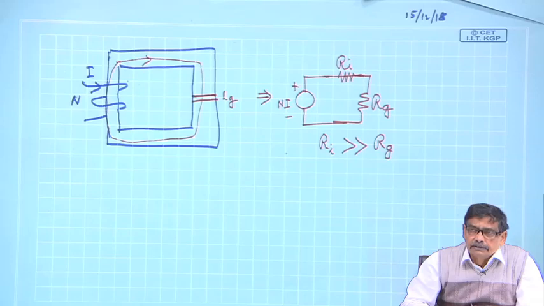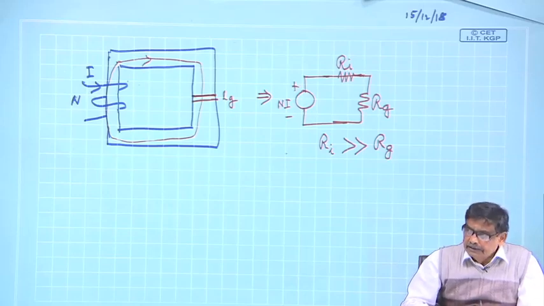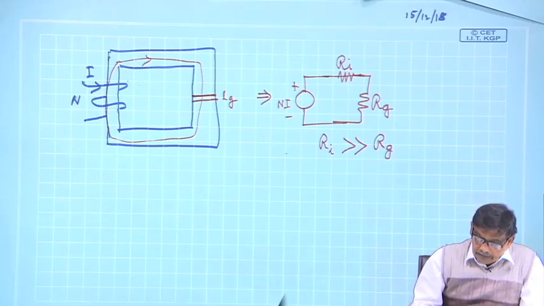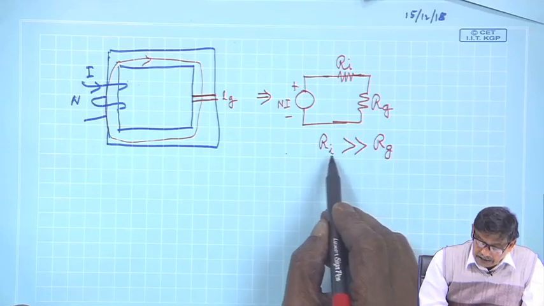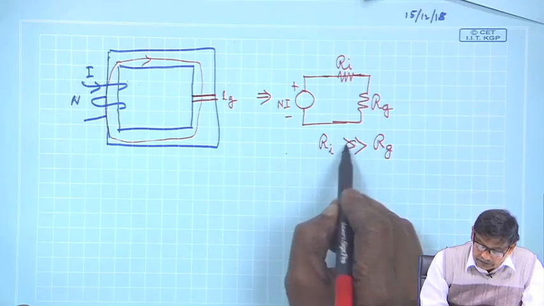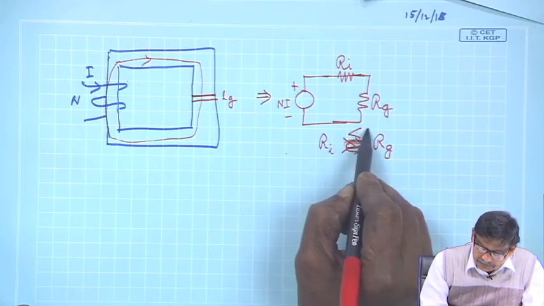You can assume that the reluctance of iron is very small.